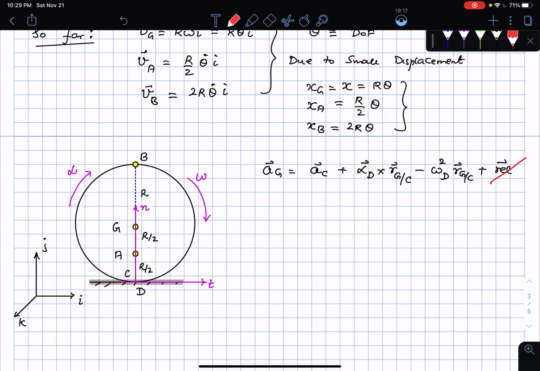The a relative and the Coriolis terms all vanish, so I'm just getting rid of them. And so if I do the math, this is going to be ag i equals 0 i, a c in the j direction, minus theta double dot in the k crossed with r in the j, minus theta dot square times r in the j.